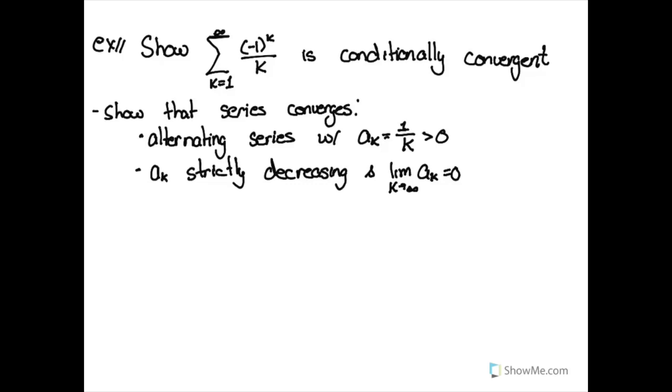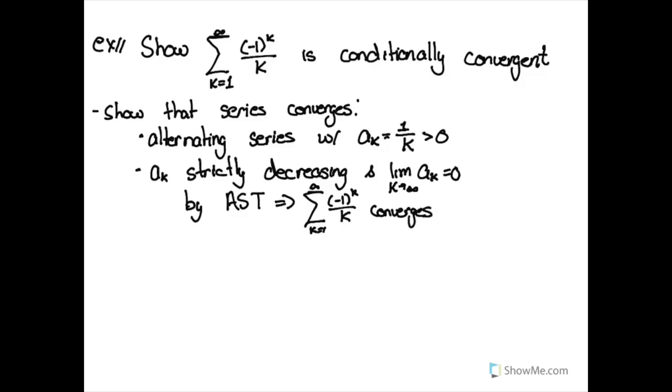I show this in more detail in my video about alternating series. But these two conditions imply that the series is convergent by the alternating series test. So by AST, the series 1 over k is convergent. So that's the first thing we need to show.